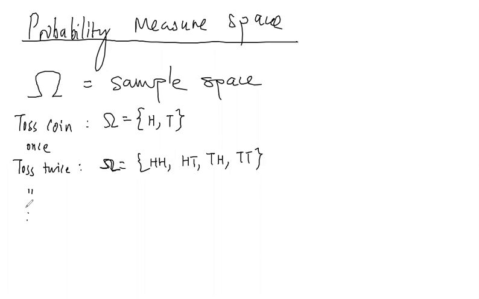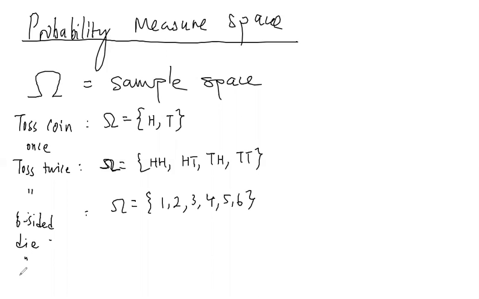If you have a 6-sided die, your omega will be 1, 2, 3, 4, 5, 6, right? If you toss it twice, you will have a 2-dimensional table, 1, 2, 3 until 6 by 1, 2, 3 until 6. So these are all the combinations.